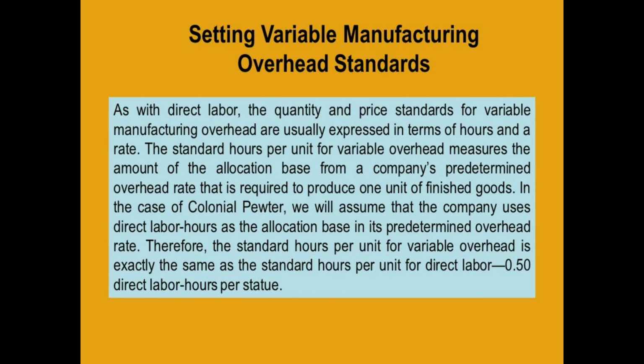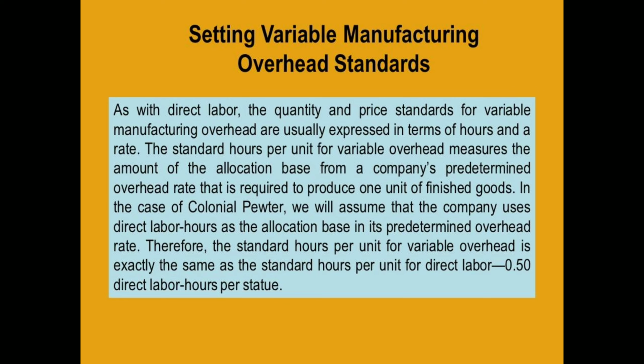Let's go to setting variable manufacturing overhead standards. As with direct labor, the quantity and price standards for variable manufacturing overhead are usually expressed in terms of hours and rate. The standard hours per unit for variable overhead measures the amount of the allocation base from a company's predetermined overhead rate that is required to produce 1 unit of finished goods.